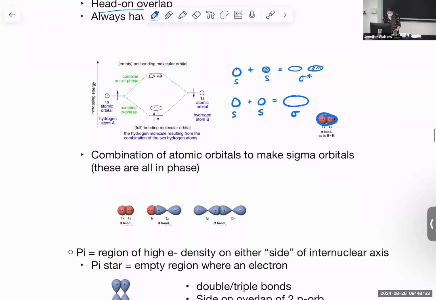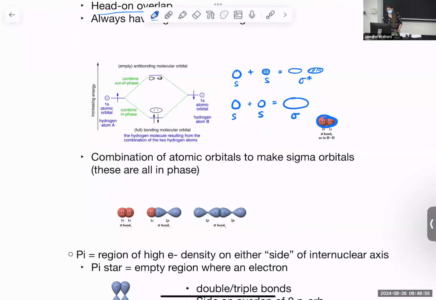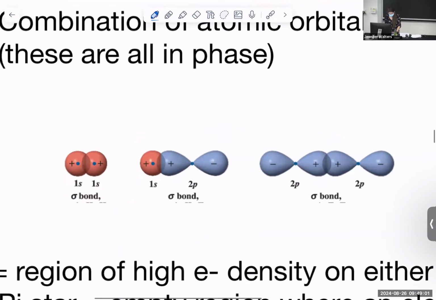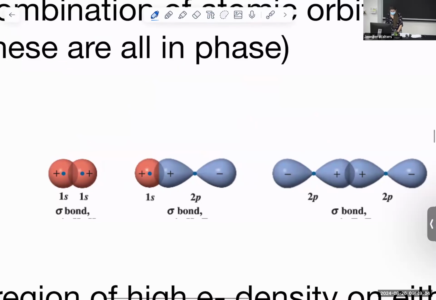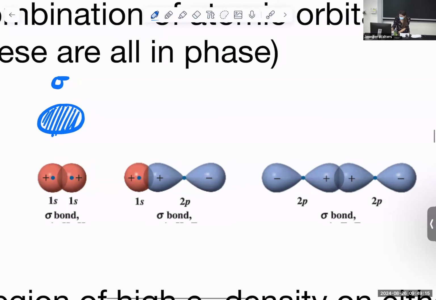There are many combinations of atomic orbitals and hybridized atomic orbitals that can make sigma orbitals, to make the sigma bonds. So I can have an S and an S come together, and then I get just the big blob. That is a sigma. I could also have an S and a P come together. So now I get a big lobe and a small one, and that is also a sigma.